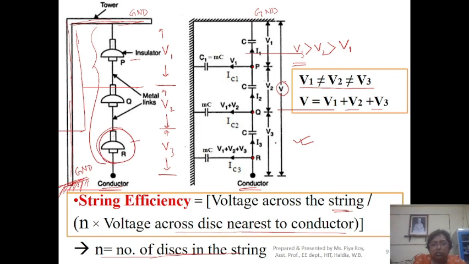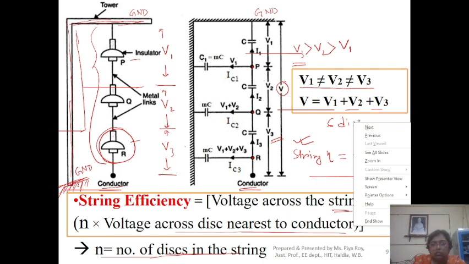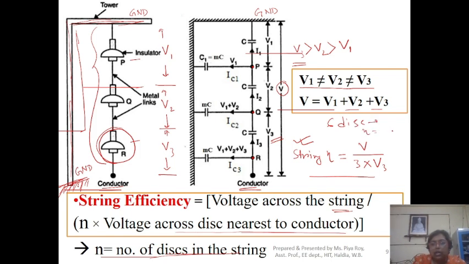So from this expression, the string efficiency for this case can be expressed as V divided by the number of discs, which is 3, times V3, the voltage nearest to the conductor. Similarly, if we have a 6 disc string, then for 6 discs we have the efficiency as the string voltage divided by the number of discs, 6, into V6 nearest to the conductor. Now go to the next slide.